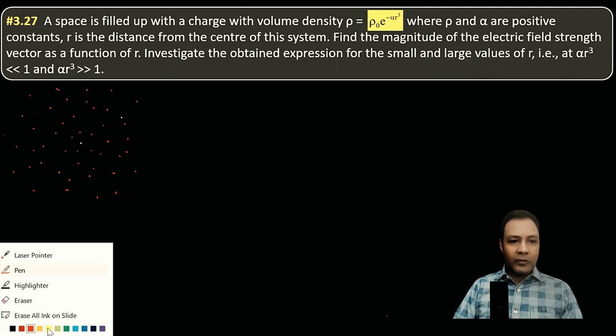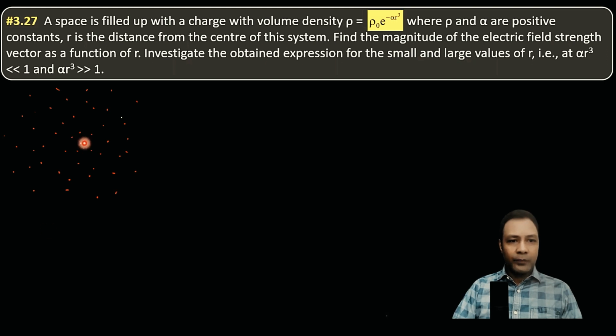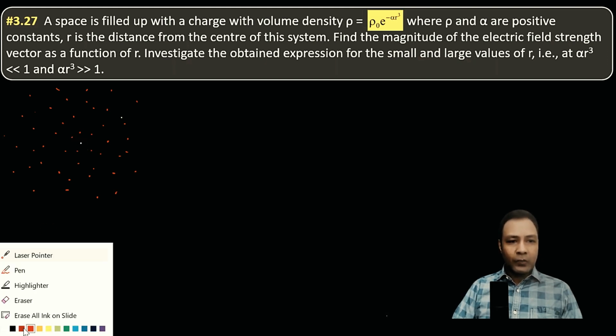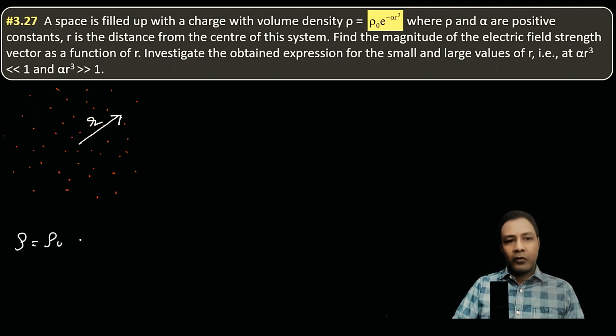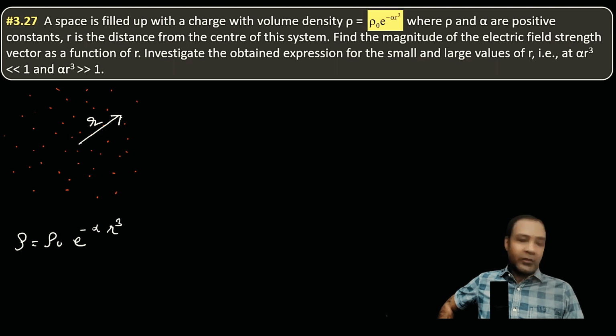The center of the volume charge density is somewhere here, and at a small distance r from here, rho is given by rho naught e power minus alpha r cube. So we have to find the electric field strength at a distance r from this center.